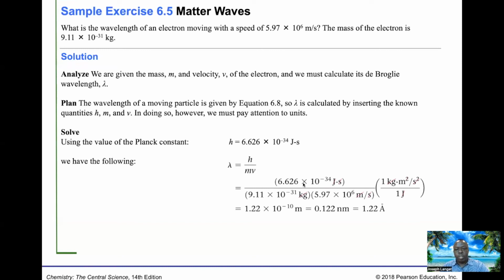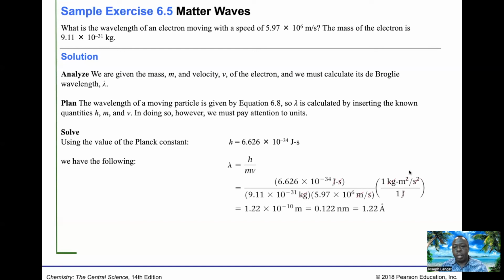Look, the mass of the electron is in kilogram. Remember what I said earlier, mass should be in kilogram. The speed I don't need to change. It's already given in meters per second. You have to be careful because sometimes you may be given miles per hour or kilometers per hour, so change to meters per second.